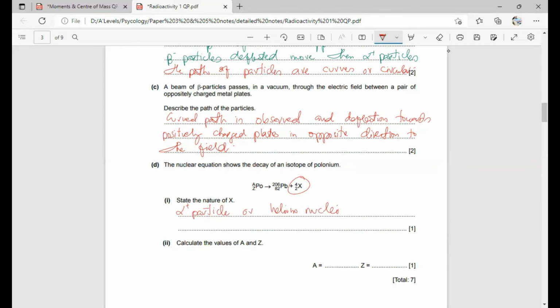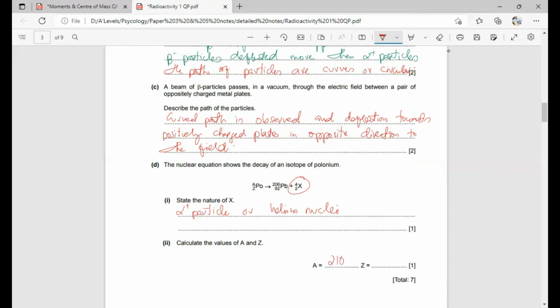Whenever an alpha particle is emitted, from your actual number, 2 is subtracted from Z, and from A, 4 is subtracted. So the value of A with this polonium, that is 206 plus 4, so total what is it? 210.